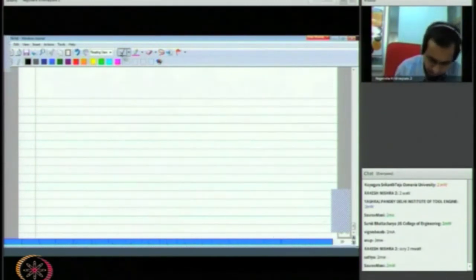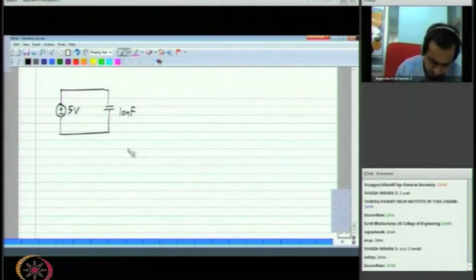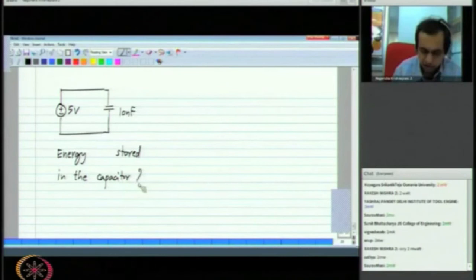Now, next is, let's say, I have 5-volt voltage source across a 10 nanofarad capacitor. How much energy is stored in the capacitor? How much is that?